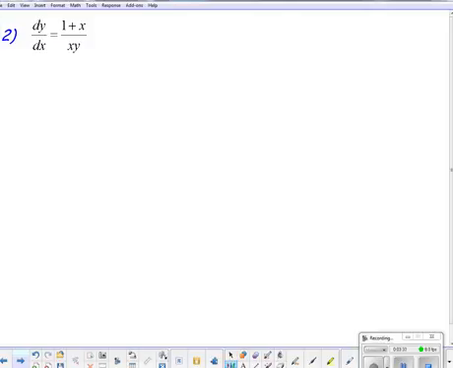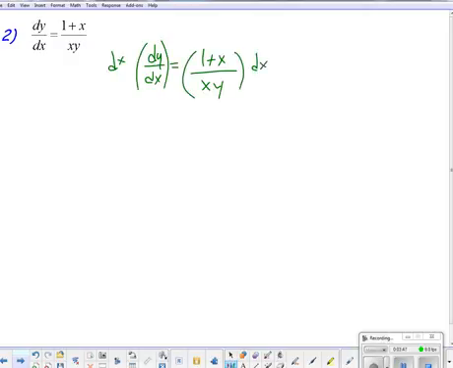Let's take this and multiply both sides by a dx to move it to the right side, and then I think I want to bring that y over. If you want to do it in 2 separate steps, feel free to. Let's do that. We'll multiply by differential x on this side, giving me dy equals (1 plus x) over x times y times dx.